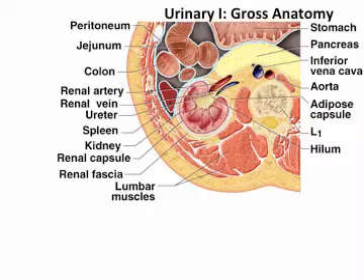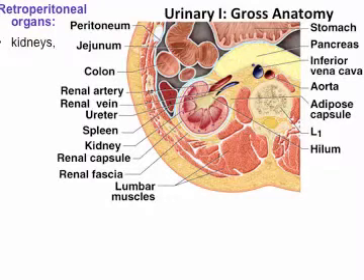In addition, I told you there is that layer of fat. They actually call it the adipose capsule. So besides the ribs, there's ways to protect the kidney, and that's through a capsule and a fascia that has collagen in it, and then also an adipose capsule that has fat in it.